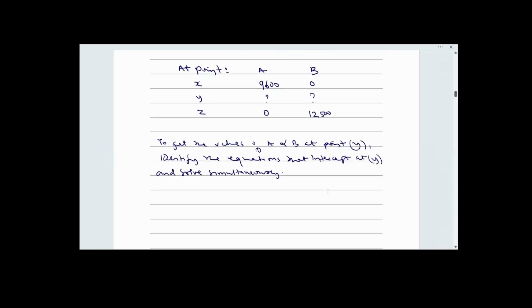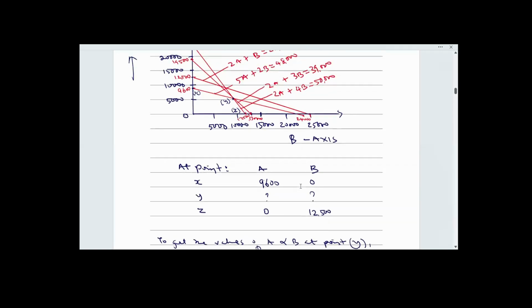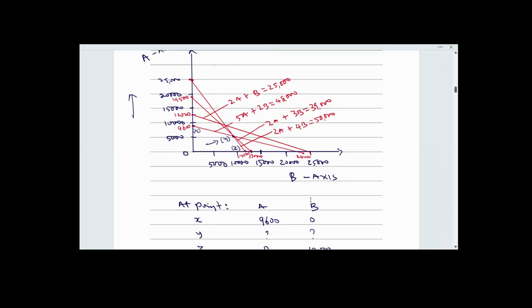Okay, so what do I mean by that? At point Y, let's identify the equations together. This is point Y. You will notice that there are particular equations. When you look at this line where you have Z that went up to 12,500, what is that equation? That is equation 2A plus 4B.